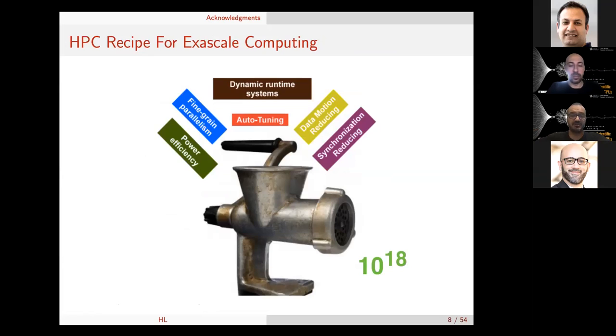You have to alleviate that bottleneck. We're also looking at fine-grained parallelism, again to expose parallelism so that you can run on multiple threads. Power efficiency is also of extreme importance, and it's something we are looking at.